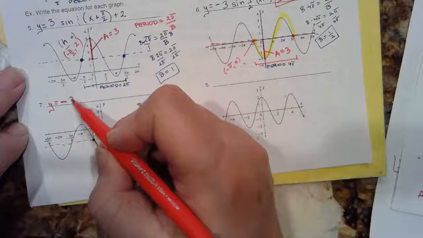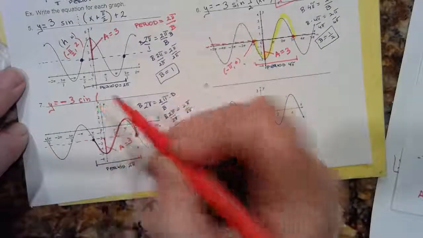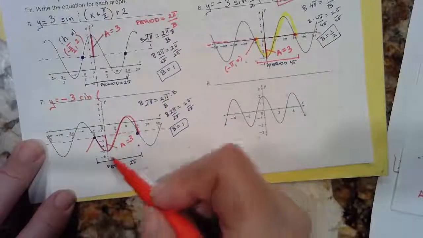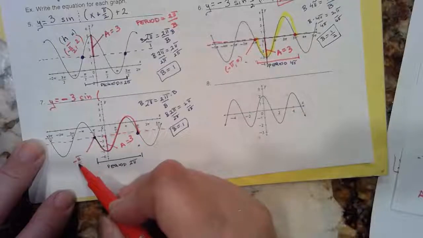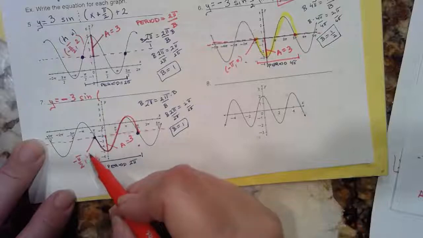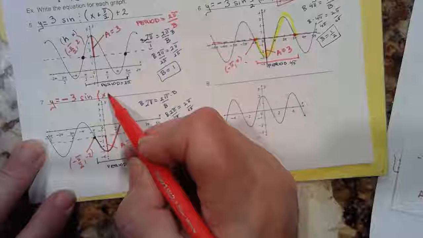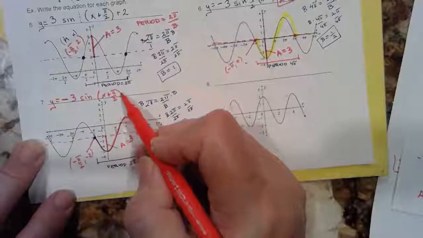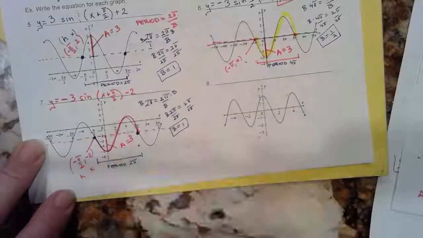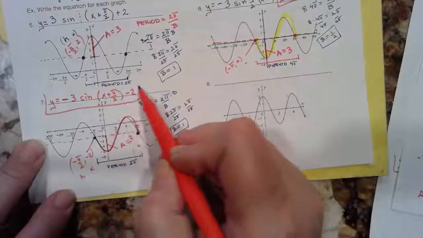So negative 3 sine parenthesis. Oh, I didn't write the reference point. So my reference point is negative pi over 2, comma, what is your y? Negative 2. So it's going to be x plus pi over 2. And this is your h, this is your k, so this is going to be minus 2 at the end.